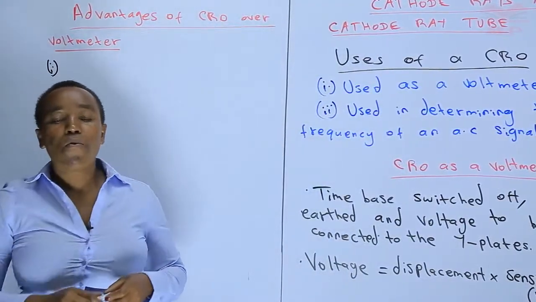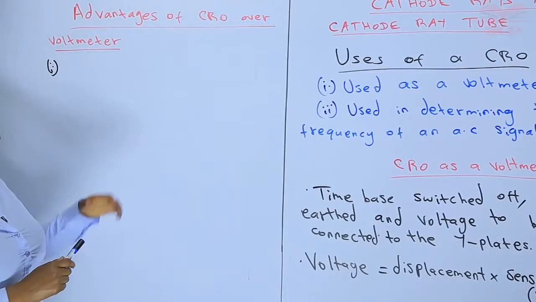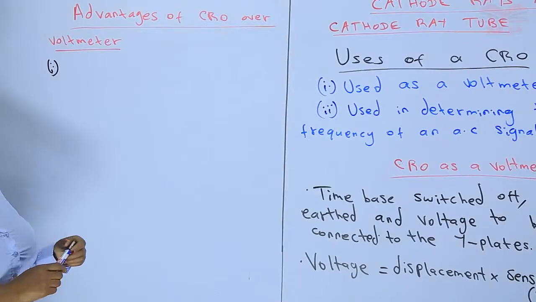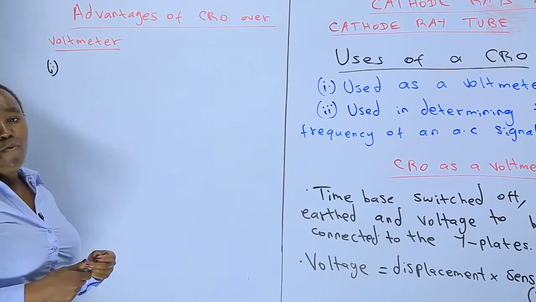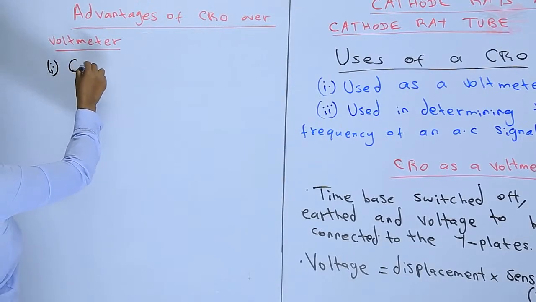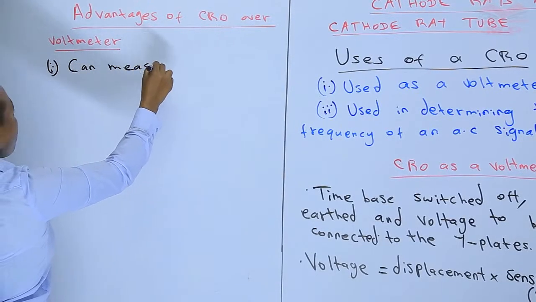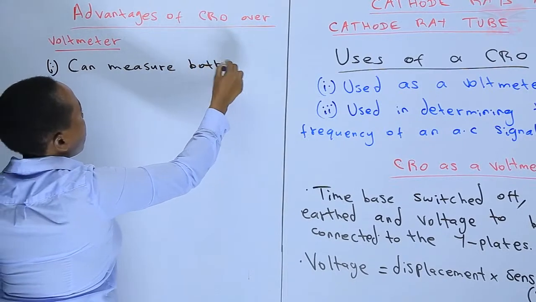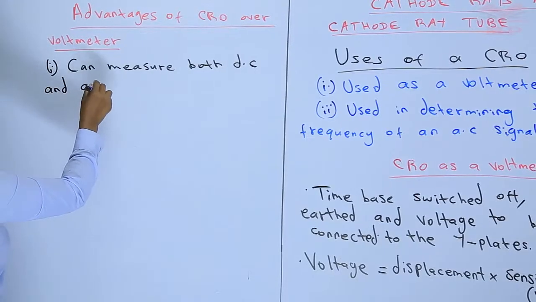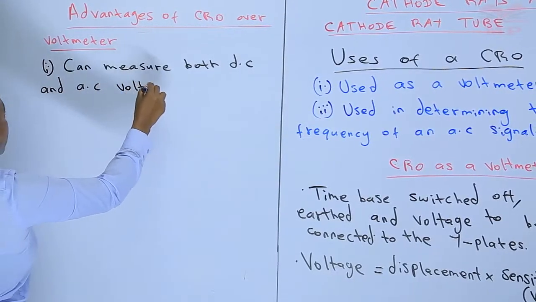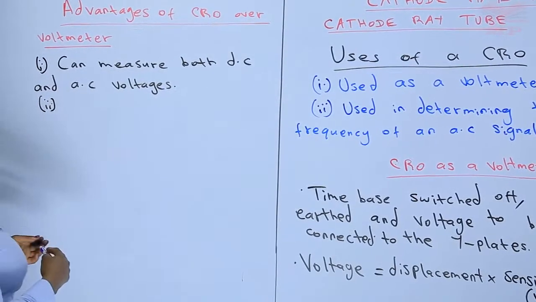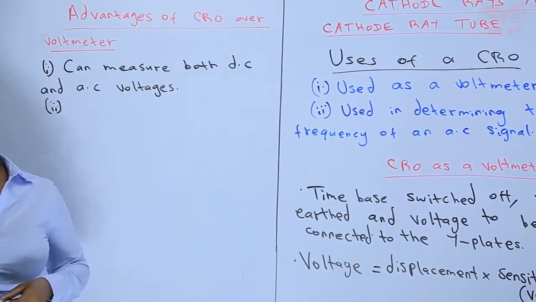Remember, the voltmeters that we use in the lab mostly are only used to measure direct current voltages. But the CRO can measure both the direct current and the alternating current voltages. So that's one of the advantages of a CRO over the voltmeter.